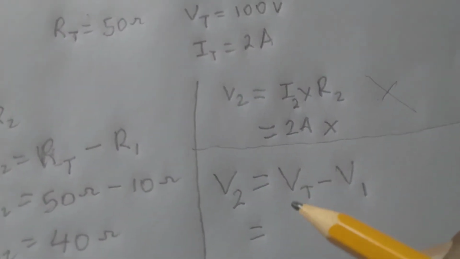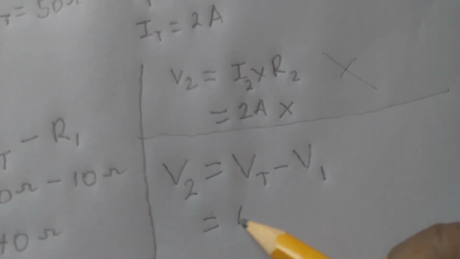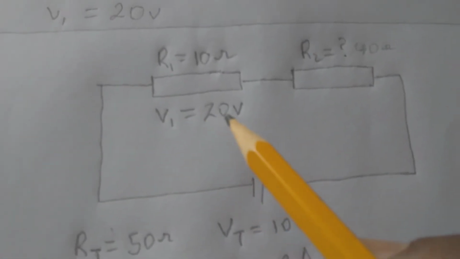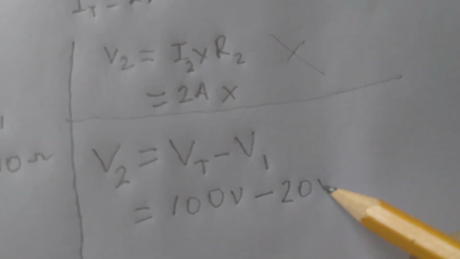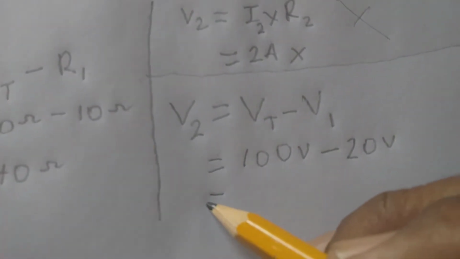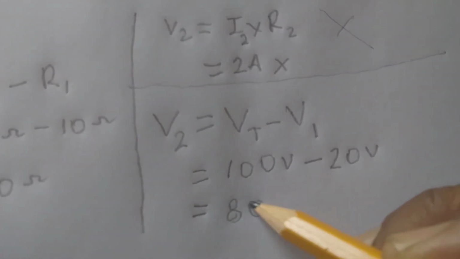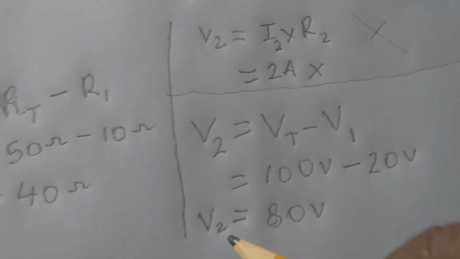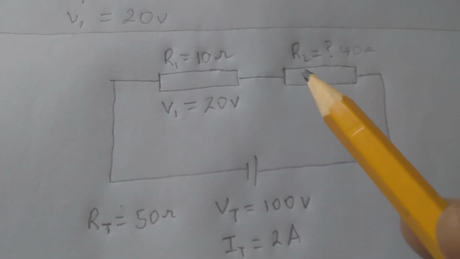V2 is equal to VT, which is 100 volts, minus V1, which is 20 volts. We end up with 80 volts for V2. So V2 is now 80 volts.